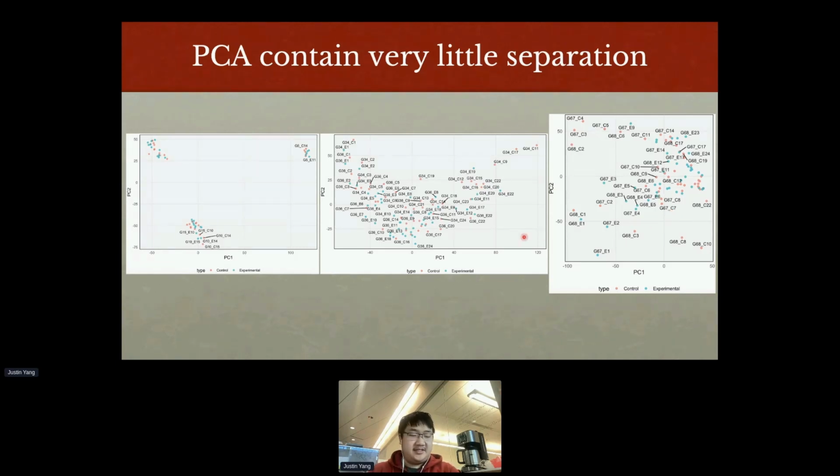And from these graphs, there is very little separation between the points of the controls and the experimentals.